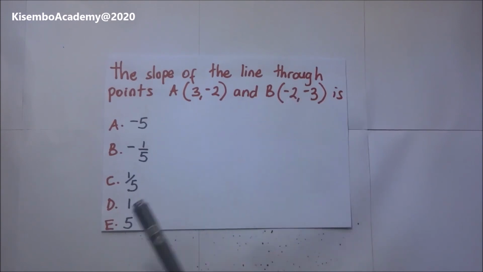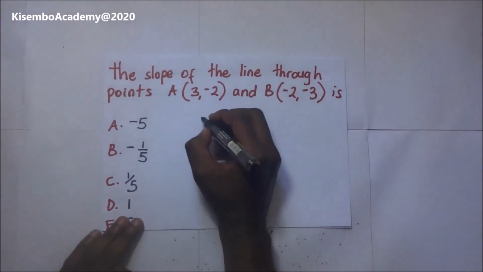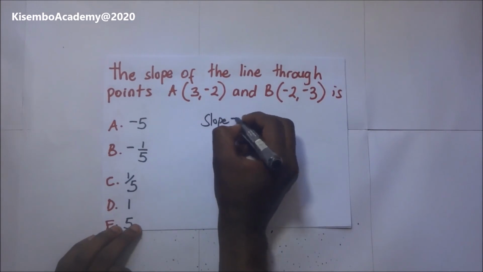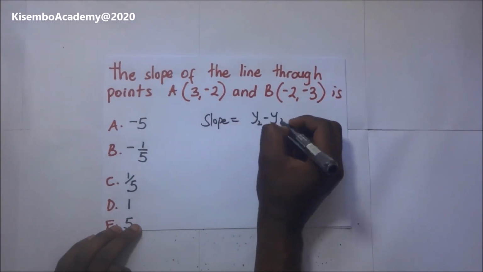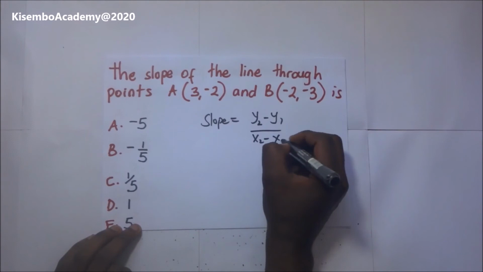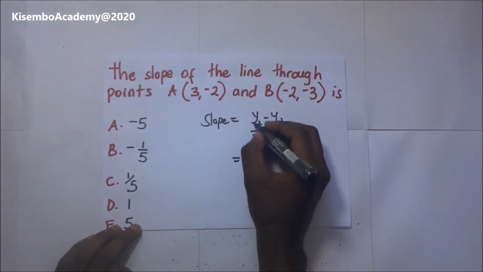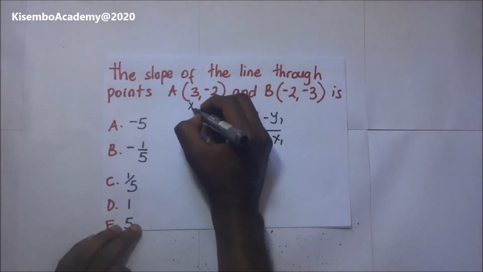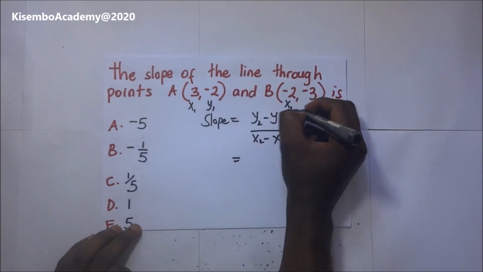Find the slope. Of course, here the slope is given by y2 minus y1 over x2 minus x1. Let's call this x1, y1, this is x2, y2.